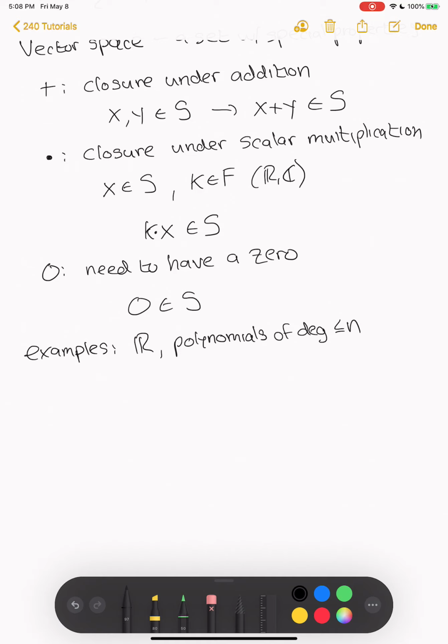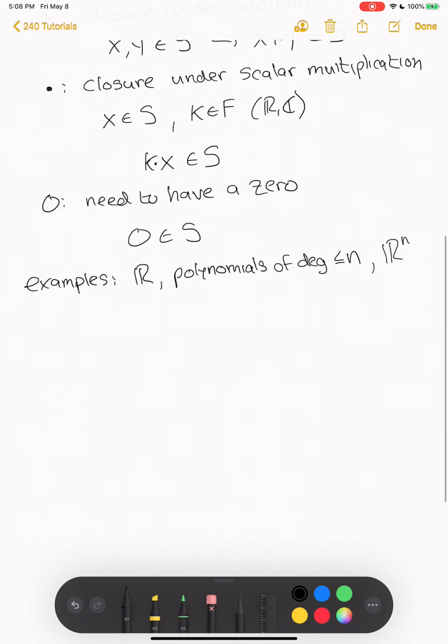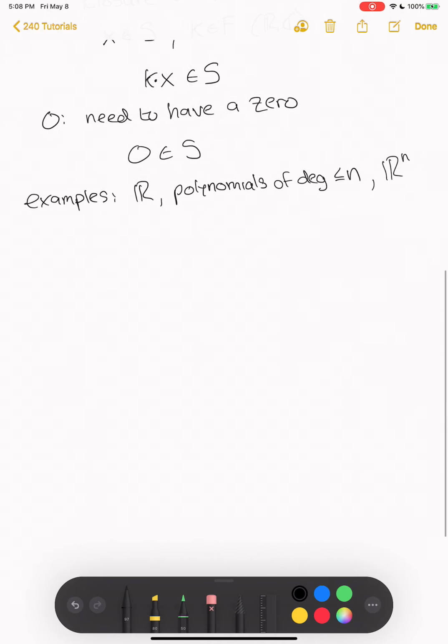And then one that's generalizing the first one, if you extend R to an nth dimensional vector space of real numbers, like R3, all your 3-dimensional vectors form a vector space as well. All right, so these are like the main examples. I'm not going to go through and prove all of them. You can do that yourself if you want.